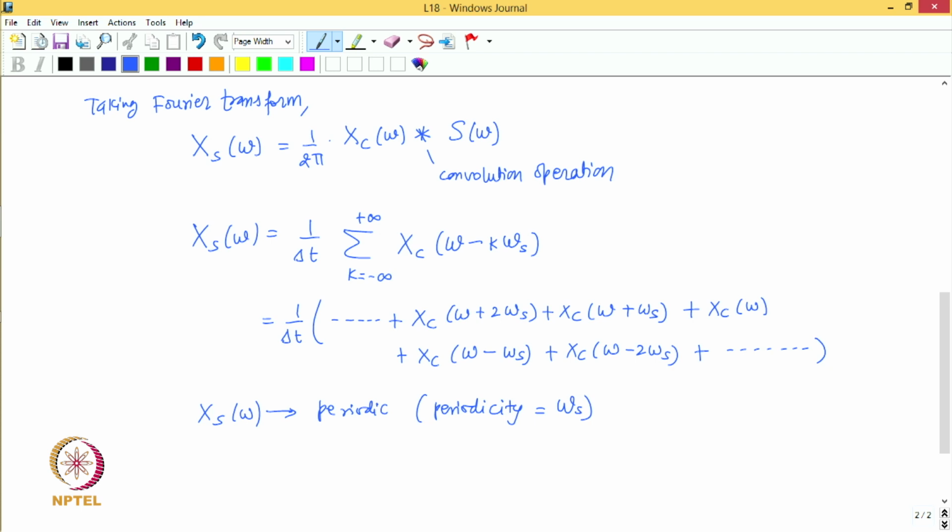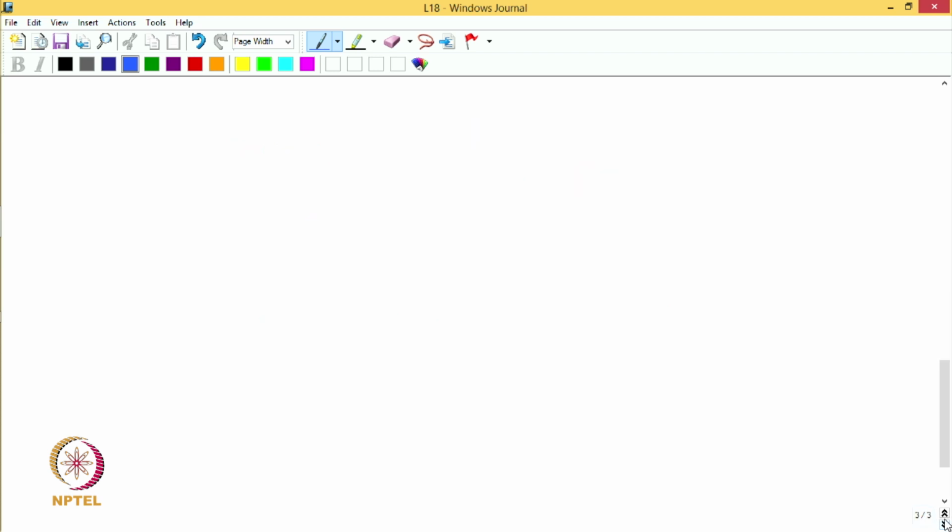So, to get a better idea, let us try to sketch X_s(omega). Let us go to the next page. So here we have X_c(omega), and let us say it is something like this. The bandwidth of X_c(omega) is omega_h.